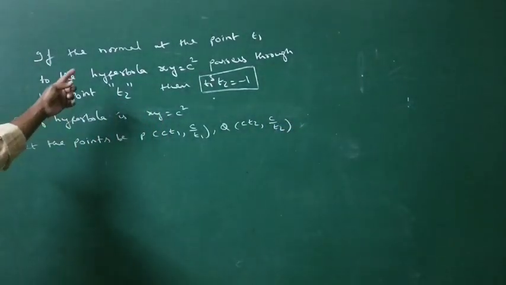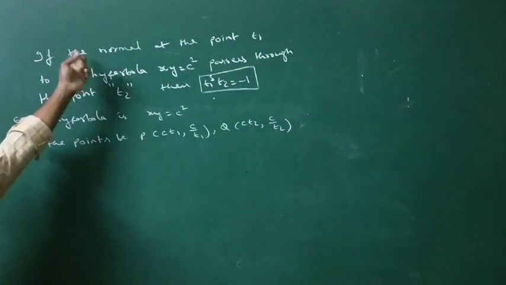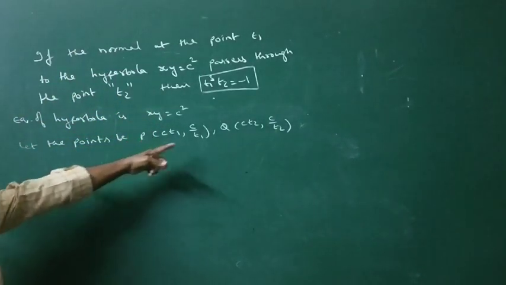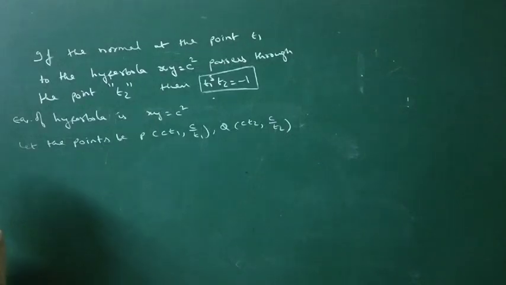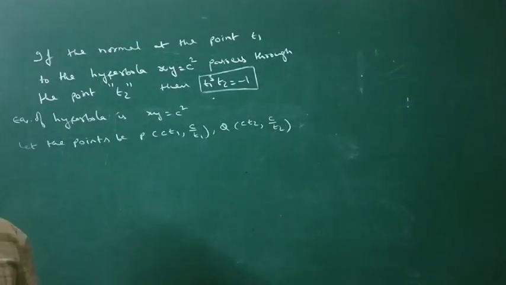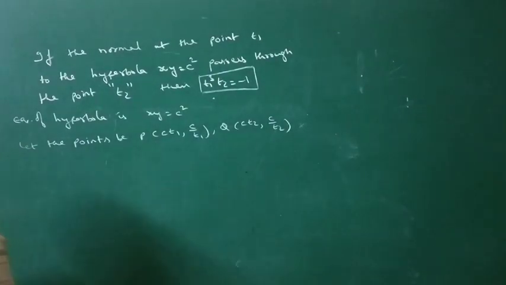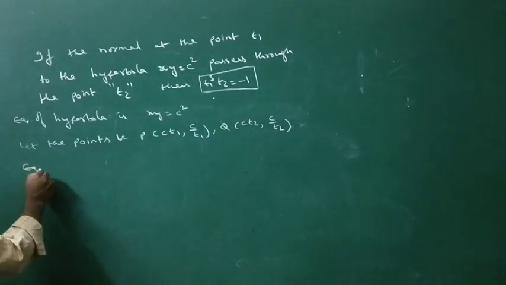Now in the statement they are given that the normal to this hyperbola at this point P passes through that point. Now we have to find the equation of the normal to the hyperbola xy equal to c square at the point P.